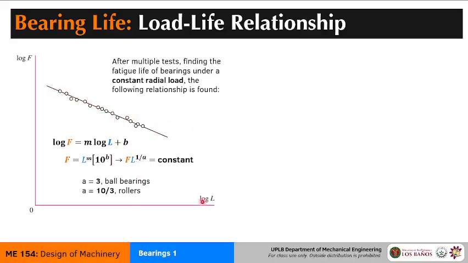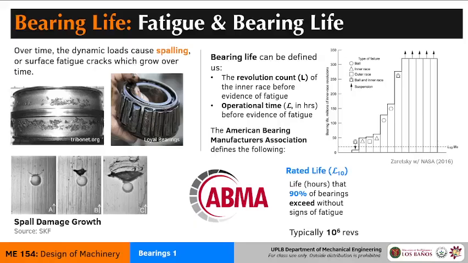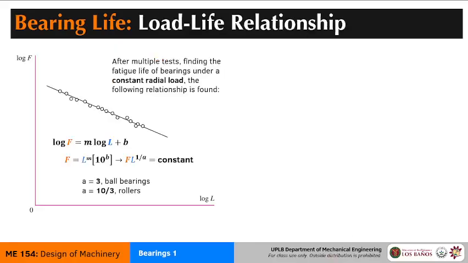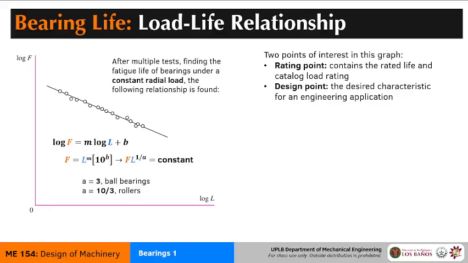The neat thing here is that this relationship is true at every point of your load-life relationship. So you can compare two points. You can compare the rated condition, which has the catalog rating corresponding to the rated life, and then compare that to your design point, the application of the bearing.